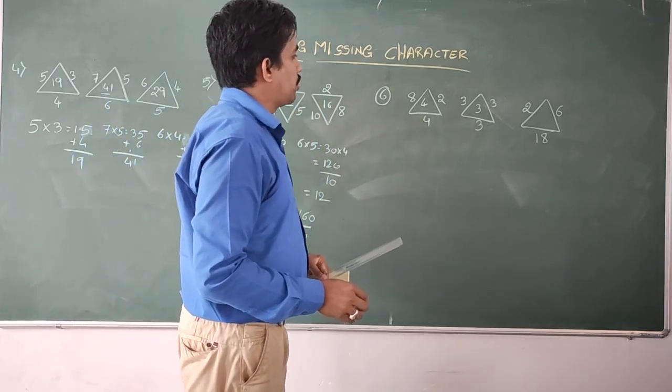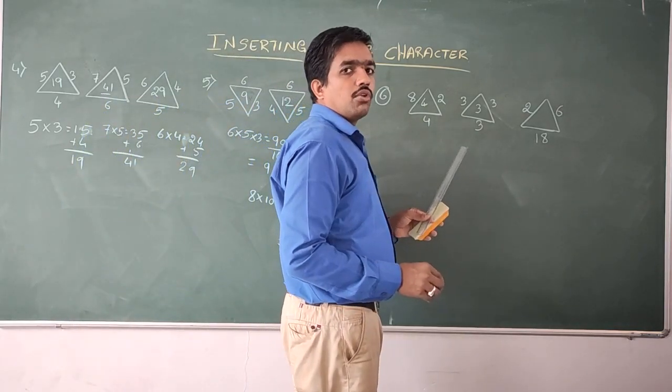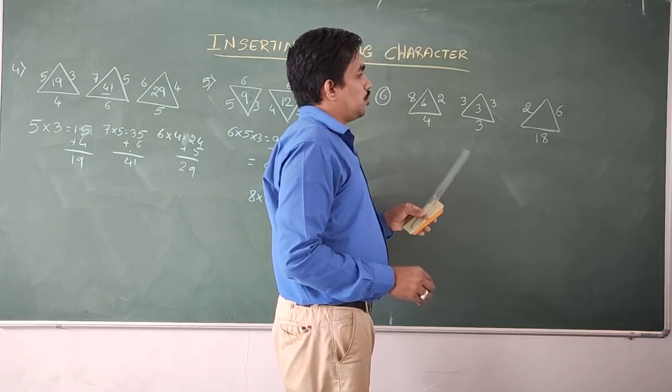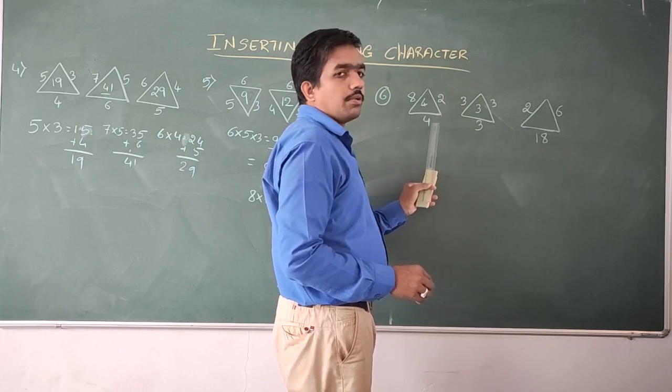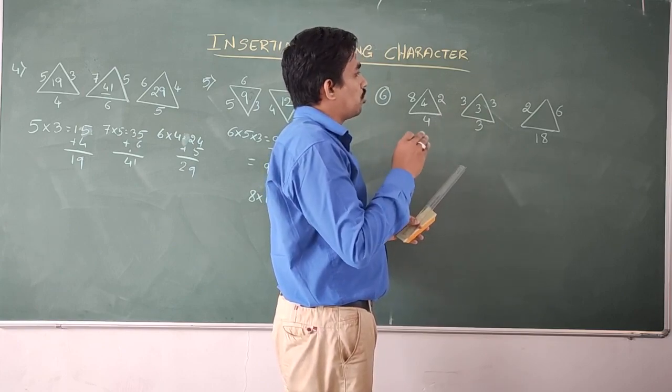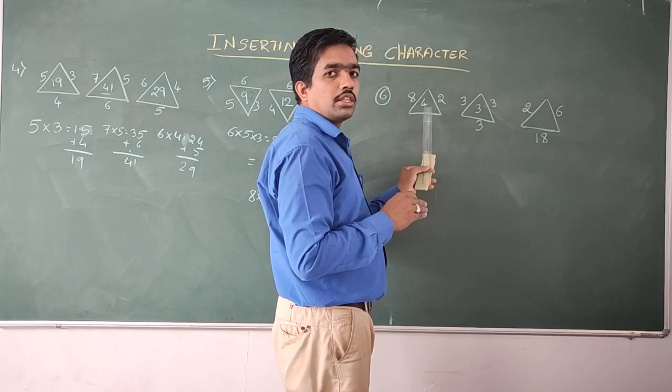And coming to our next problem. In this problem you have to find the cube root of the number. We multiply all these three numbers and take the cube root of that, and then we get this number.